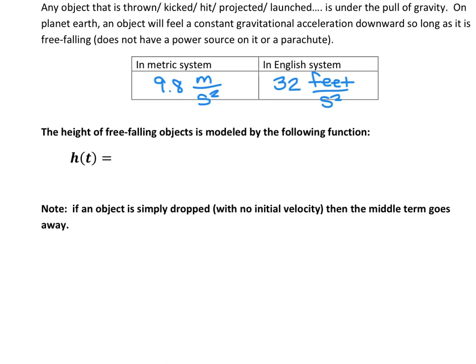And that physics model is going to be negative 1/2 times the gravitational acceleration times time squared, plus v sub 0 times time, plus h sub 0.